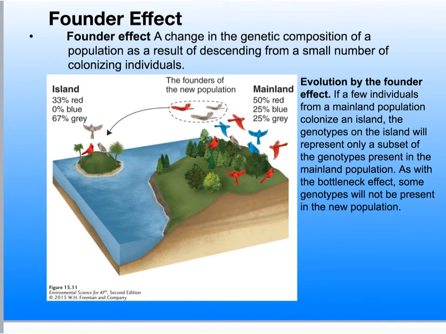But now the island population looks very different from the original population. They've been separated from their larger population, and so now they show this less variety. And this is just an example of how the founder effect is really a bottleneck effect with a few more stipulations. But basically these genotypes will not be present in a new population, so they've been lost.